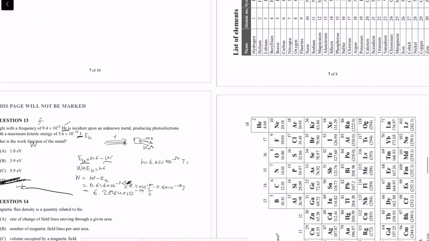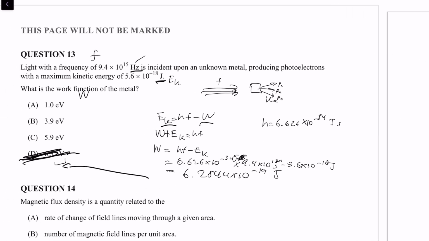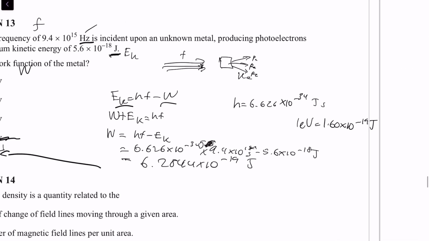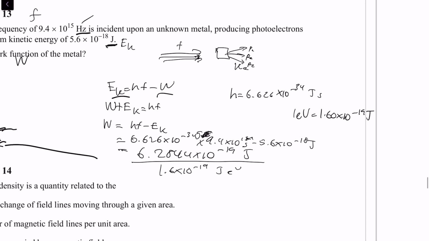So if I know that 1 eV is equal to 1.60 times 10 to the negative 19 joules, I can just simply divide this by 1.6 times 10 to the negative 19 joules per eV.